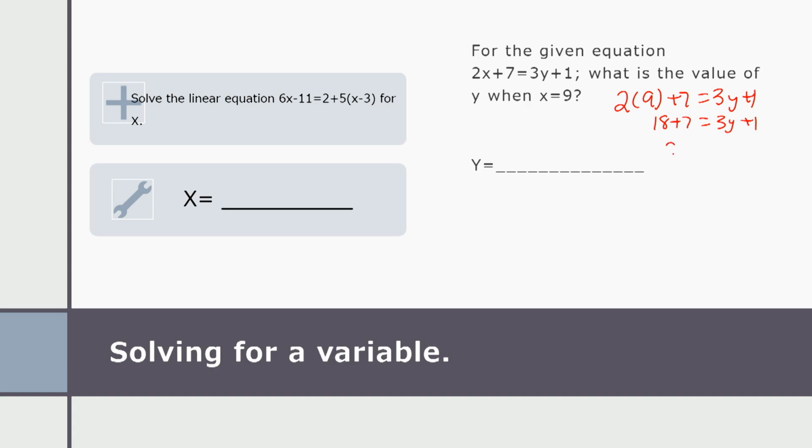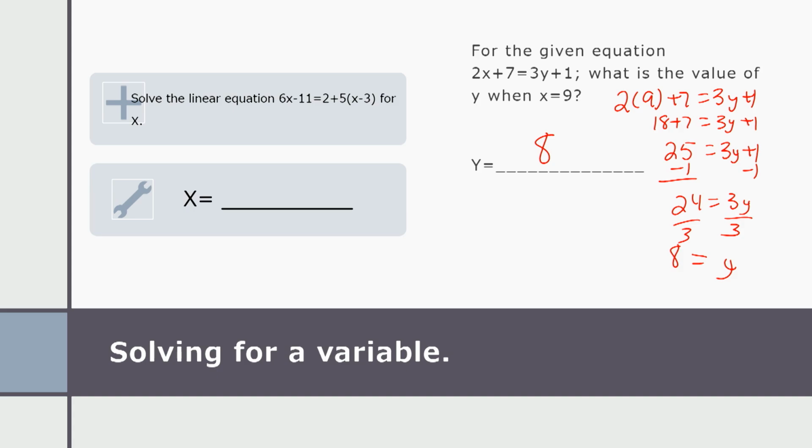Putting like terms together, 25 equals 3y plus 1. Subtracting 1, so I have 24 equals 3y, then division. So my y equals 8. Good job.